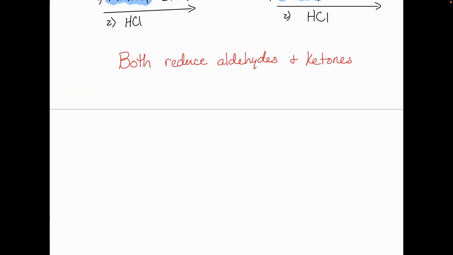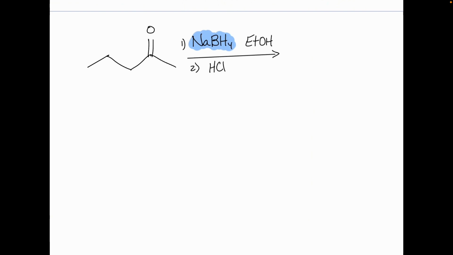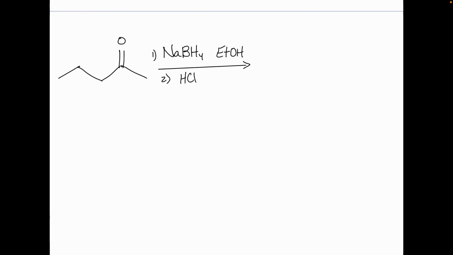All right, so let's just look at a specific example real quick. What if I have the following ketone here? What's going to happen when I treat it with sodium borohydride? Everybody take a second and see if you can predict what our product would be.